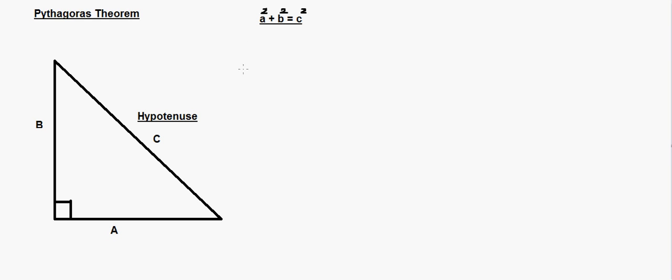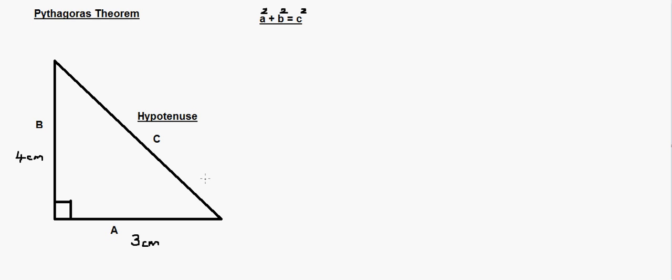So if we take probably the most famous Pythagorean triangle, so let's say this side is 3 centimeters and this side is 4 centimeters, and we need to find the length of the hypotenuse.